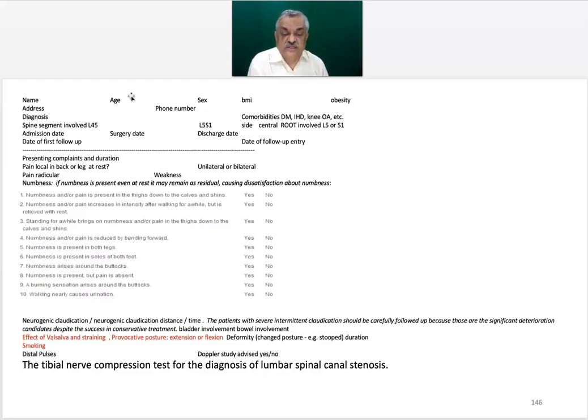We have to check the distal pulses, whether we have advised a Doppler study for arterial and venous, both maybe in the lower limbs. And we need to know that in cases of lumbar spinal canal stenosis, feeling of the tibial nerve and compressing and finding out the tenderness of the nerve is a very important test for simple primary level diagnosis of lumbar canal stenosis.